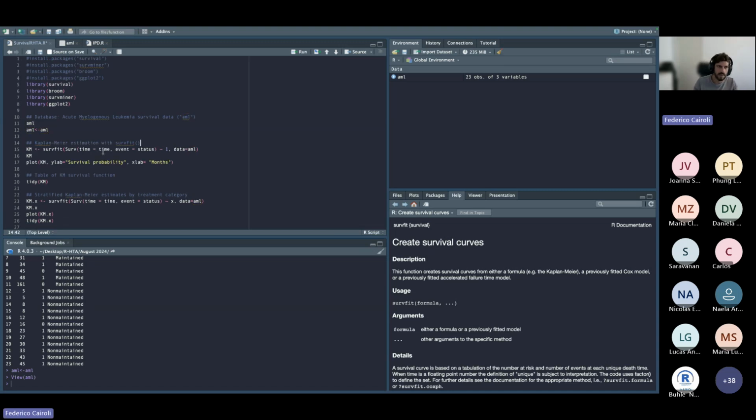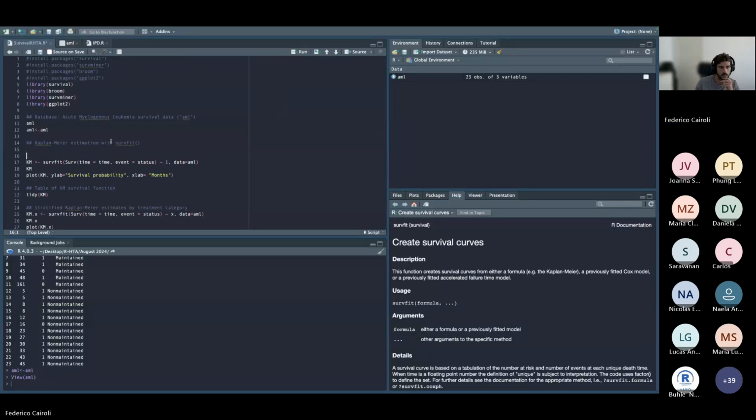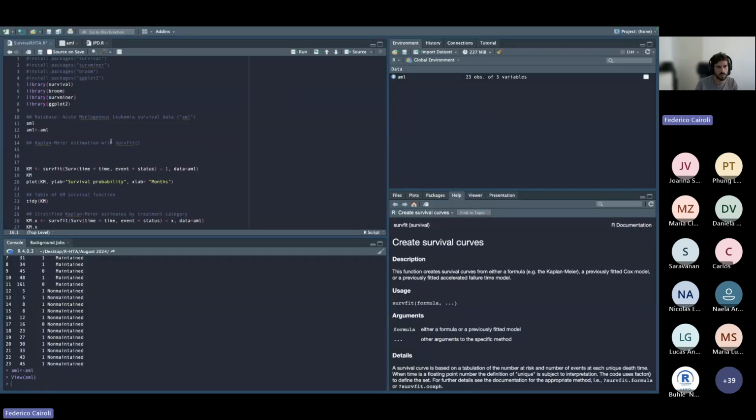The next step here is we are going to try to replicate the same survival curves that we have already seen before using this example of this clinical trial published in the New England Journal of Medicine. So to do that, we are going to use this function, which is survfit.